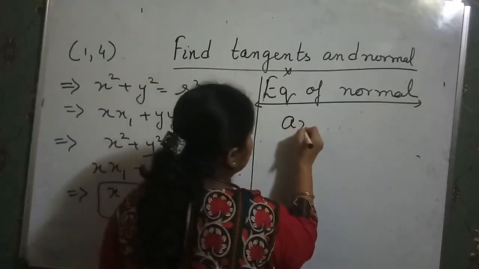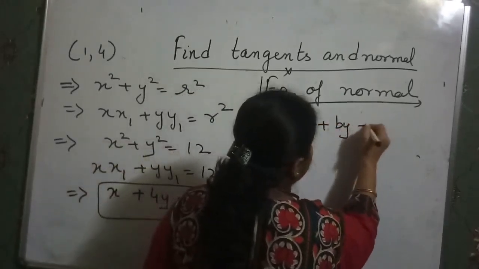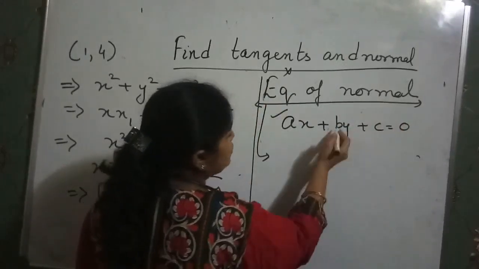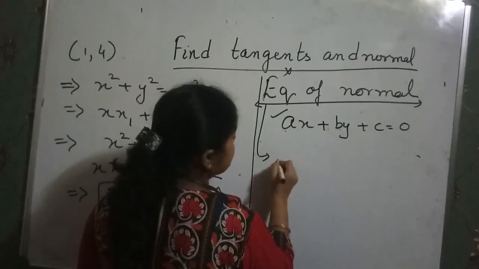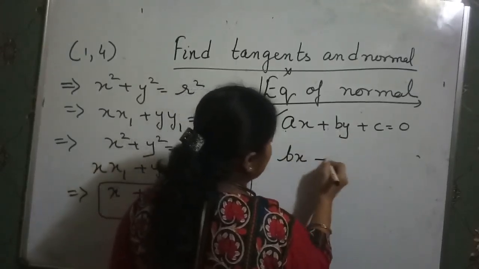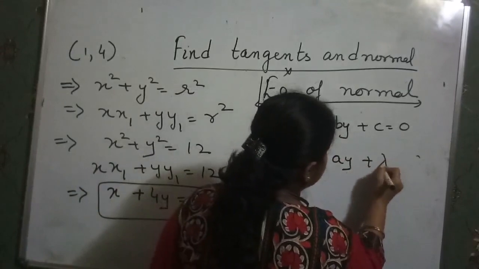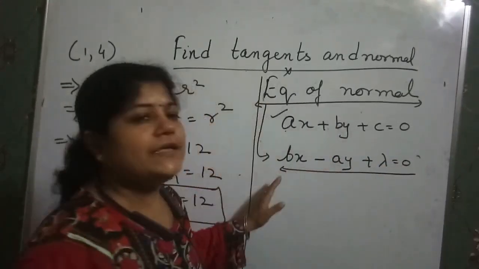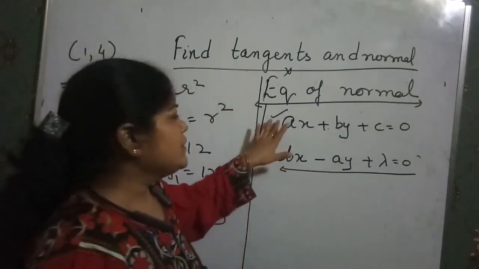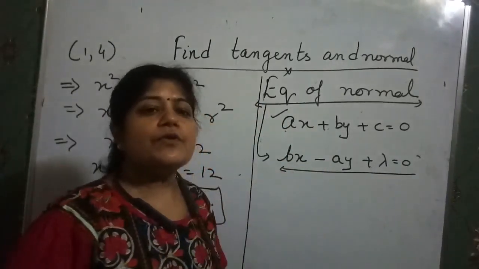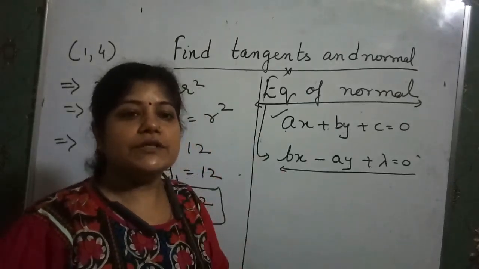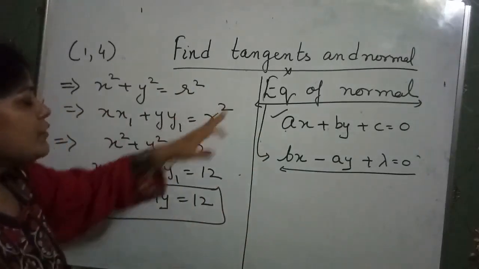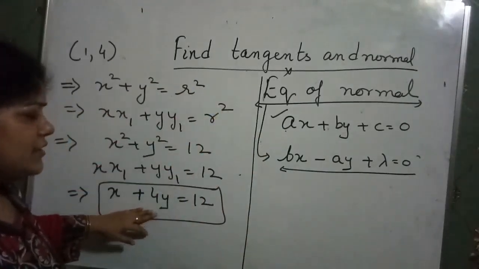Whenever there is an equation of line ax plus by plus c is equal to 0, then the equation of normal for this line, you just put the coefficients in this way, bx minus ay plus lambda is equal to 0, and then substituting the values of x and y, you can easily find the equation of the line which is perpendicular to this line. As we know, tangents and normals are perpendicular to each other, so we use the same method here to find the equation of normal from the equation of the tangent.